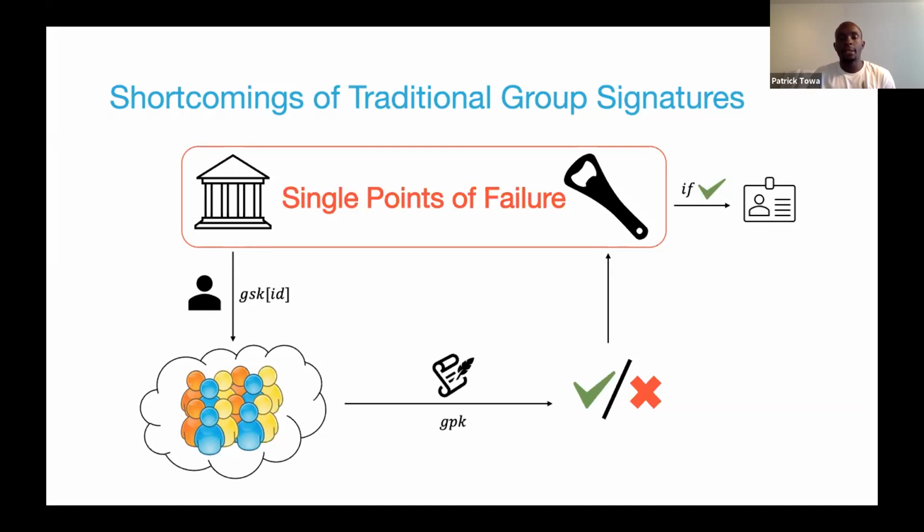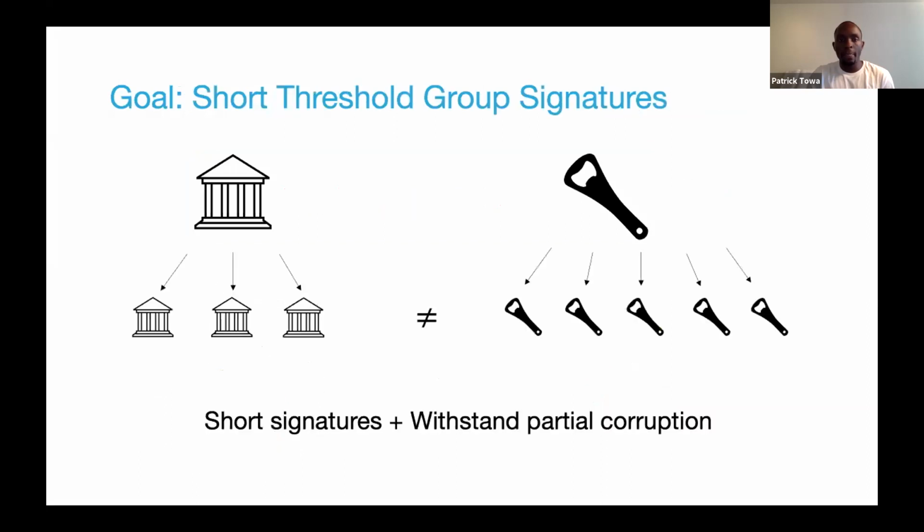And this is basically the goal of the paper. But not only: the goal is also to distribute the roles of issuer and opener, keep them separate and not joined as I mentioned before with single group managers.